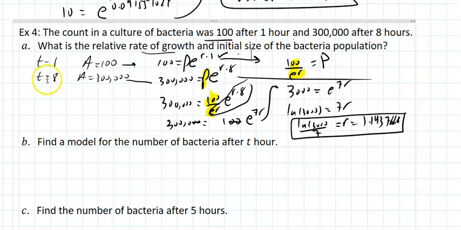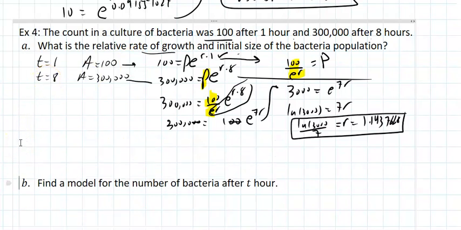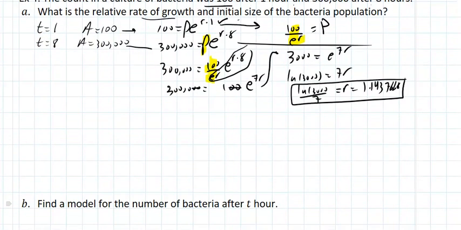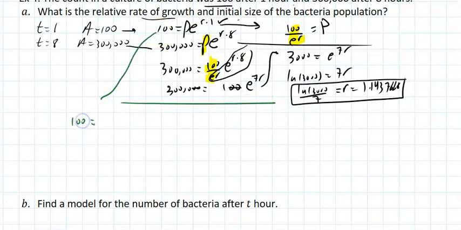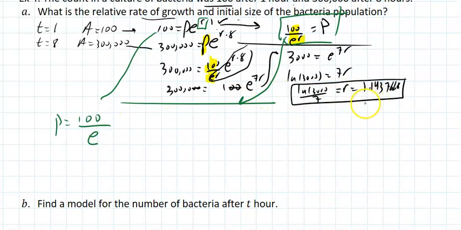So the deal now is, if I take 100 equals P times e to the R, can't I say P equals 100 over e to the R? And e to the R is 1.1437668.